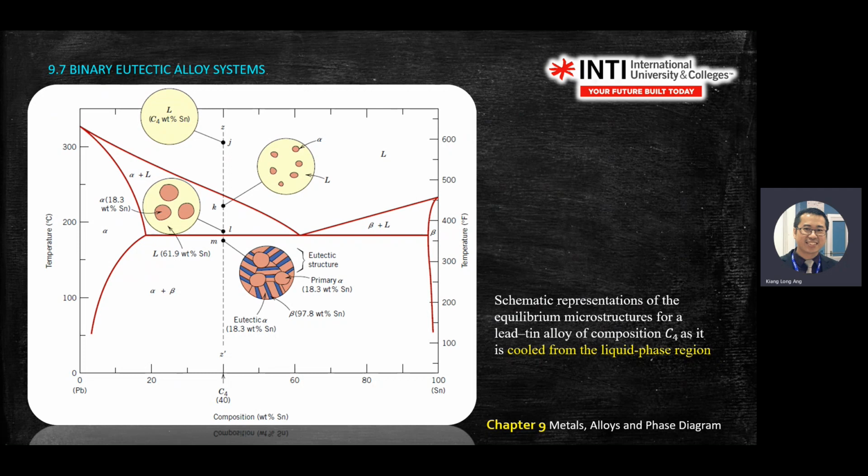Then when it passes through the eutectic point and comes into the solid region, there is a mixture of alpha and beta. So here you have a pro-eutectic alpha and alpha, beta. You have a primary alpha, and then you have beta and eutectic alpha.